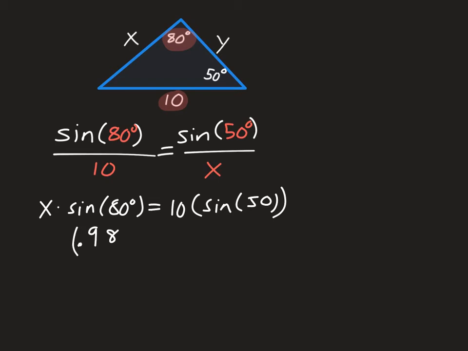And so I'm going to go 0.98 times x. It just looks a bit nicer if you put the variable after the number. Okay, and then on my calculator, the sine of 50 is 0.766, so that's 0.77. And when I multiply by 10, well, that's going to be 7.7.